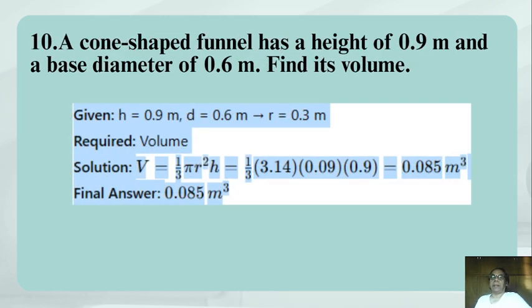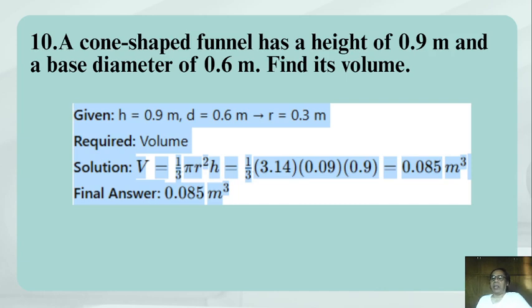Number 10. A cone-shaped funnel has a height of 0.9 meter and a base diameter of 0.6 meter. Find its volume. So we're given h 0.9 meter, diameter 0.6 meter, where we can get r to be 0.3 meter.